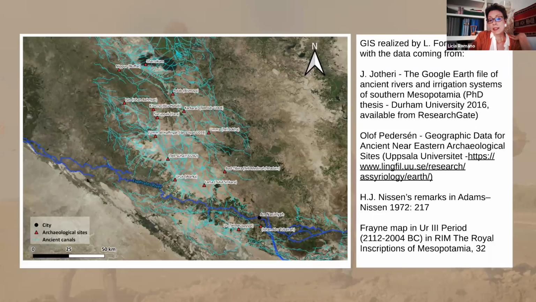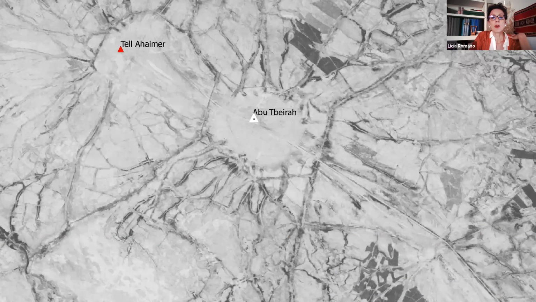And the end of the Abu Tbeirah settlement was possibly connected to the reduction of the water regime of the canal. Which reasons are behind this reduction is still not clear. It can be just a change in the water regime due to climate change, or to work, or to natural development of the channels upstream. But still, further analyses are obviously needed.